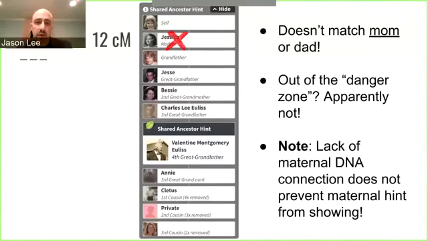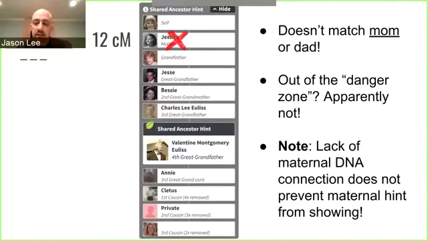You don't always have parents tested to do this kind of analysis, but you can check shared match lists and look at it in several different ways and get a sense for whether it's really a good piece of DNA evidence or not. And we could have made this point with the previous example, but I'll say it here.